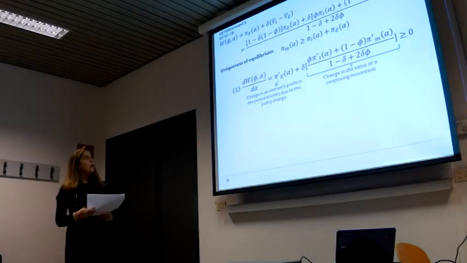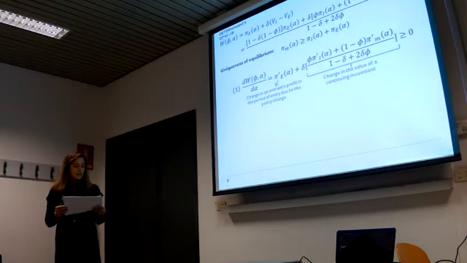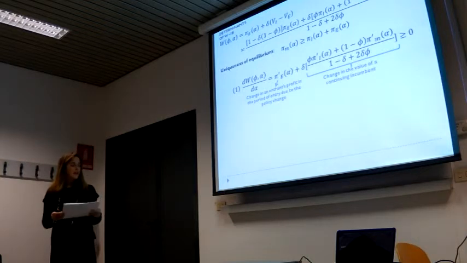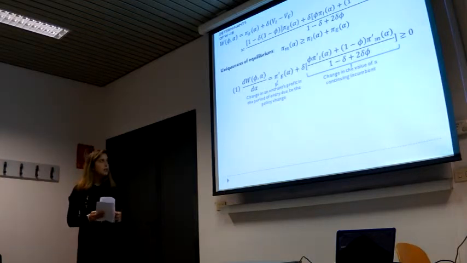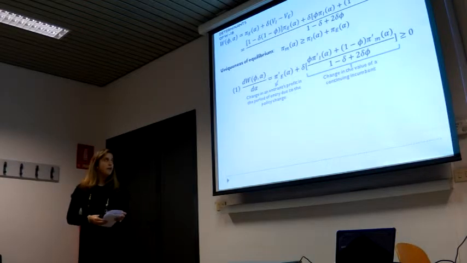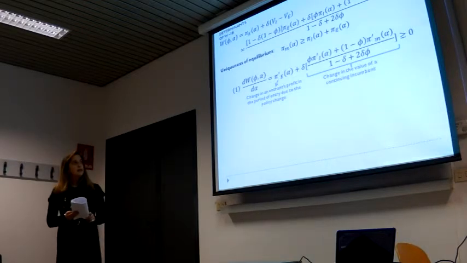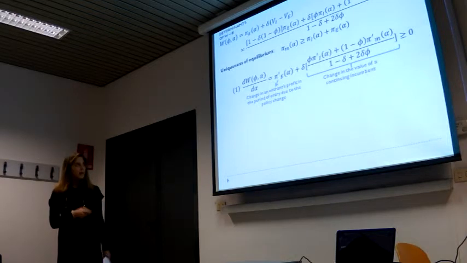this formula, okay? And formalizing the effect of alpha, we can differentiate W with respect to alpha, and we will find this equation. Why is it written in this way?